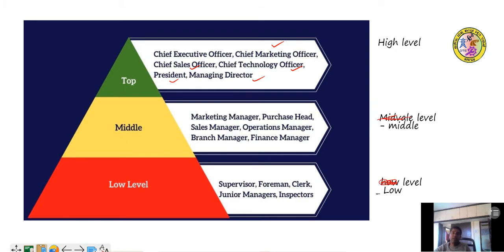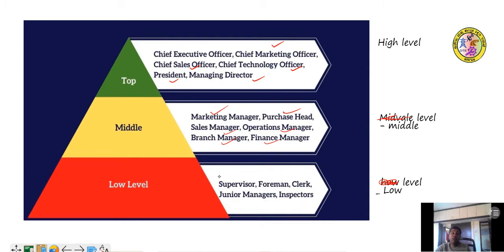For every department there will be one manager in middle level management. These managers are responsible for managing the activities running in the organization. They are going to issue orders. They are going to plan as per the objectives framed by the top level executives.